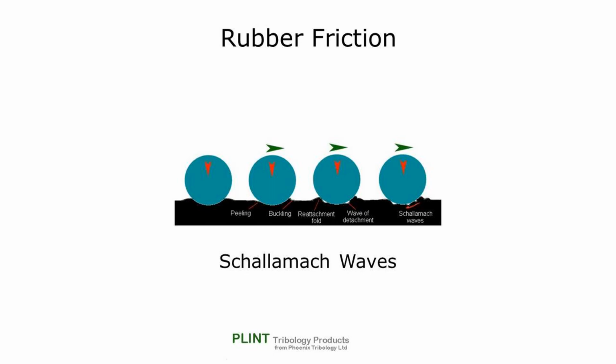The friction force, as with all contacts, depends on the real area of contact between the rubber and the counterface, the interfacial shear strength, and the deformation properties of the rubber. The real area of contact is a function of the hardness and surface roughness, the applied load, and the relative radius of curvature of the contacting bodies.